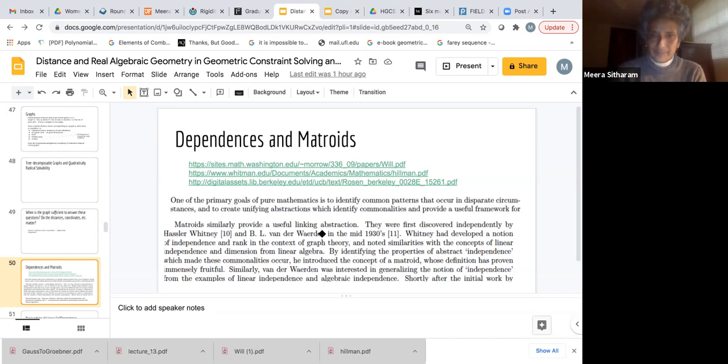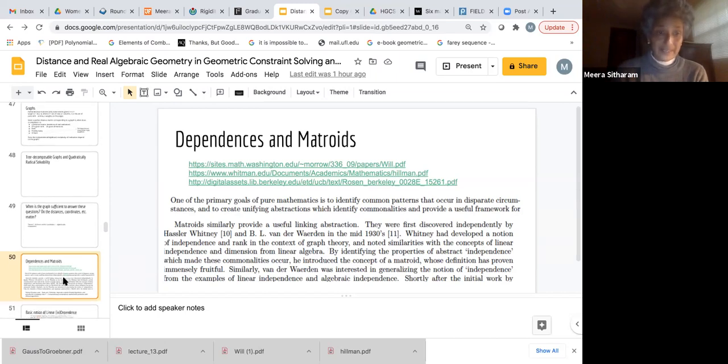Back in the 30s or so, people thought about this idea. Van der Waerden was interested in algebraic dependencies. And previously, of course, with linear systems, you already have the idea of linear dependence. That's well known, everybody has seen it, say in high school or in an early class. And we can now talk about dependencies even in combinatorial objects. And that's what matroids are.